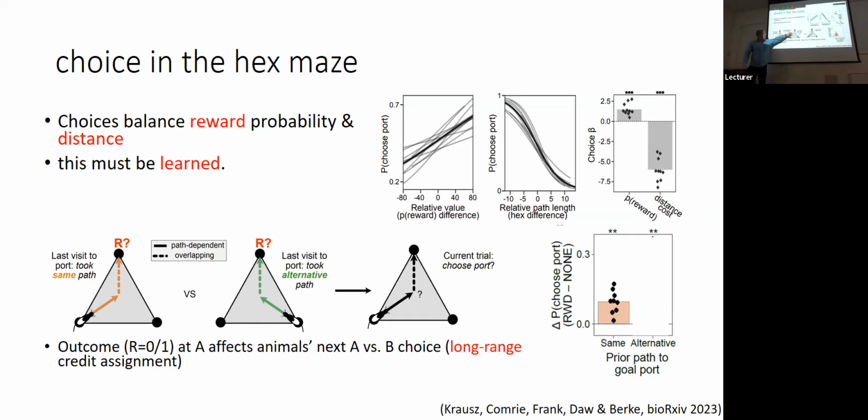Now there's a piece of the path that's shared, so it's a bit harder to make that argument in terms of behavior. We'll come back to it in terms of neural data in a second. But in general, this is the kind of generalization that's associated with model-based inference. It's not just experiential learning, and the animals do that too. Okay, so that's the first evidence that something is going on beyond the simple story, both in terms of the range and also the non-locality of the credit assignment.